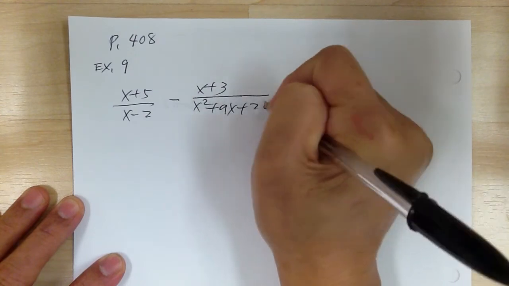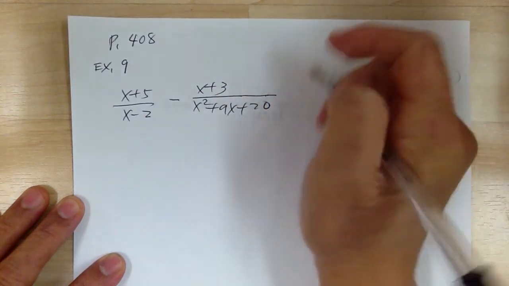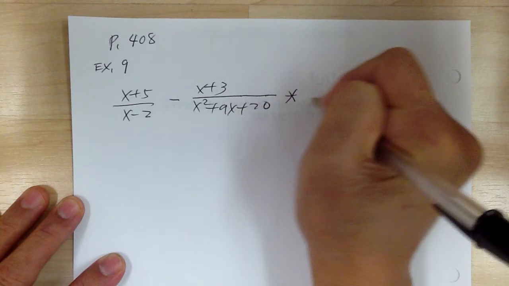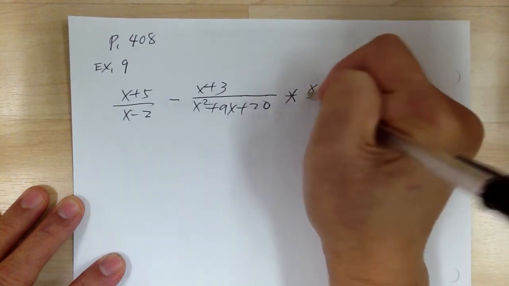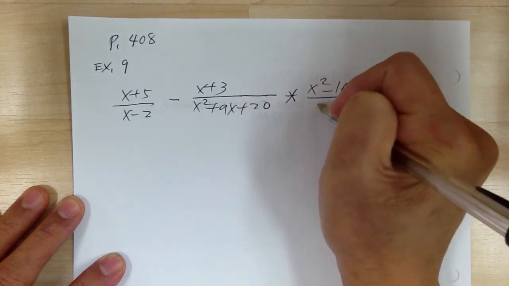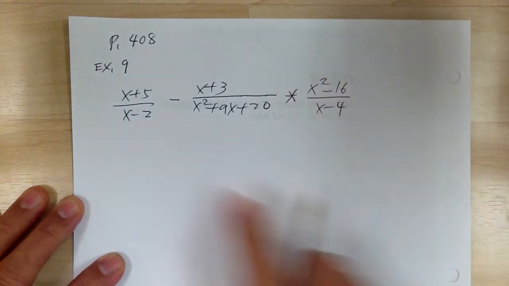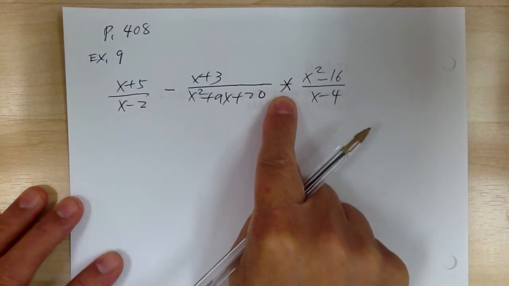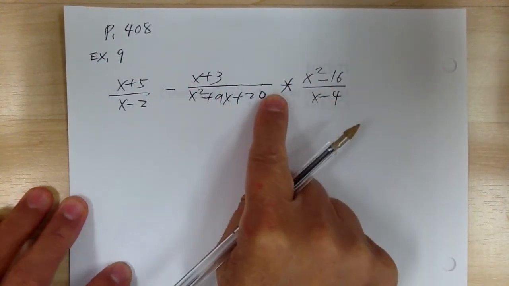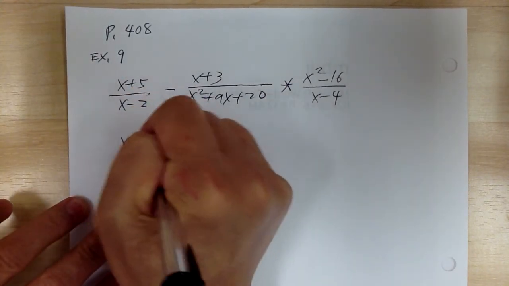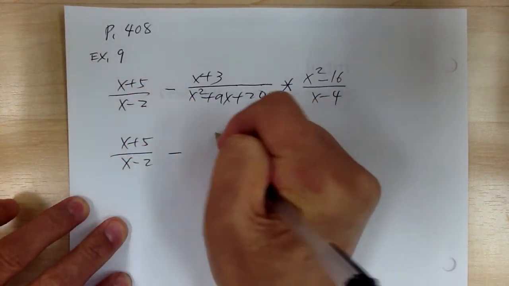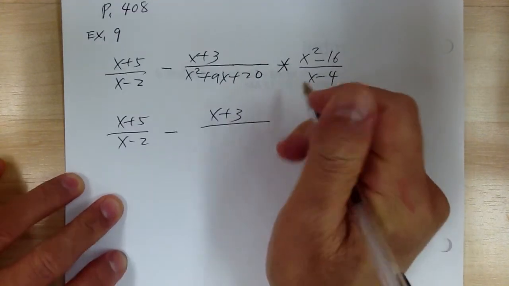Now notice the division, right? So remember what you're supposed to do with division? Make it into multiplication and flip it upside down. Now you have subtraction and multiplication, so you need to do multiplication first. And again, you have to do all the factoring.